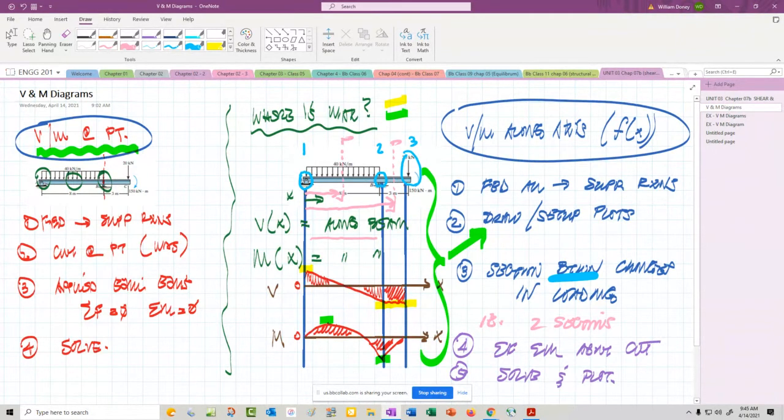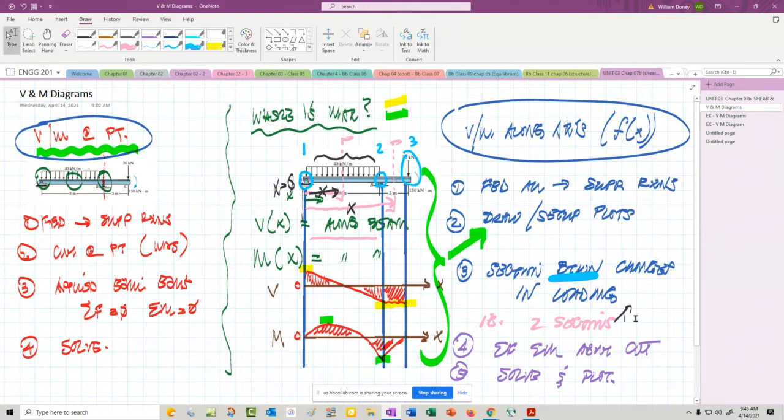So very similar, still using method of sections, but instead of sectioning at a specific point, these are going to be sectioned at our coordinate or distance of x. Because we're measuring everything from over here, x equals 0, it'll be a distance x, which means it applies to everything between here and here.